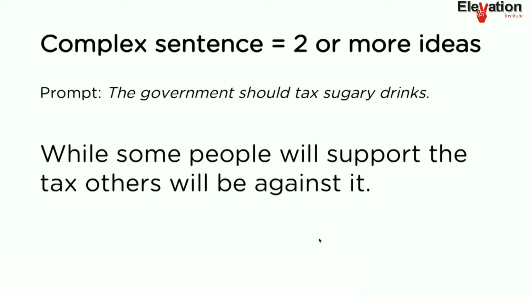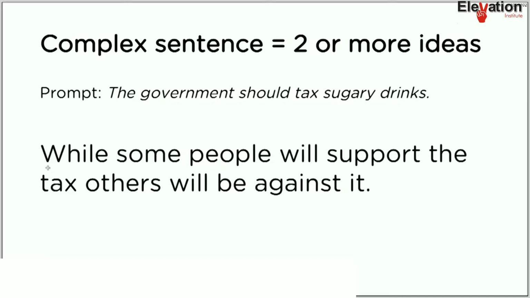What a complex sentence does is it coordinates 2 or more ideas into a single sentence. So the prompt is the government should tax sugary drinks. My complex sentence using the connector while is this: while some people will support the tax, others will be against it.